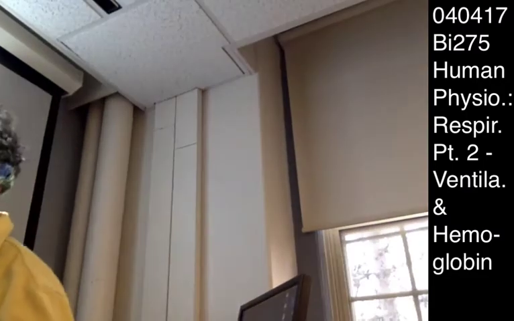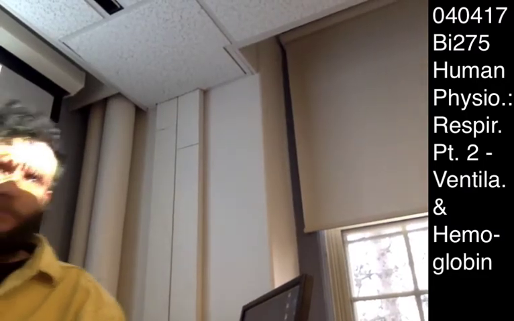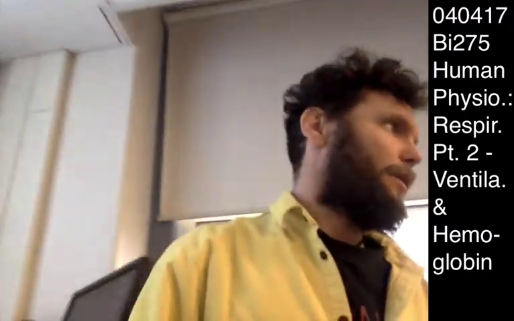And when you're not in the presence of oxygen, you're going to be able to unload oxygen more readily. Okay? So hemoglobin is tuned to be able to do 2 jobs. When it's around oxygen, it will bind it very easily. And when it's not around oxygen, it will unload it very easily. We're going to unpack that a little bit more here.